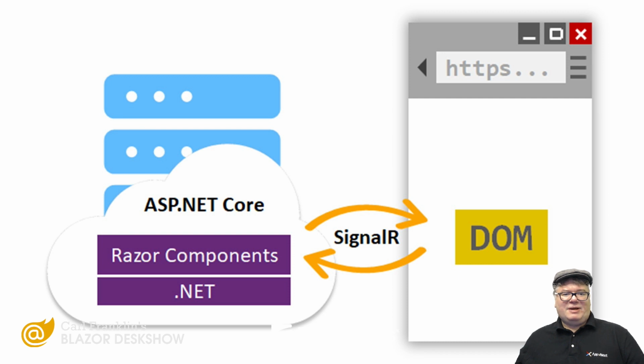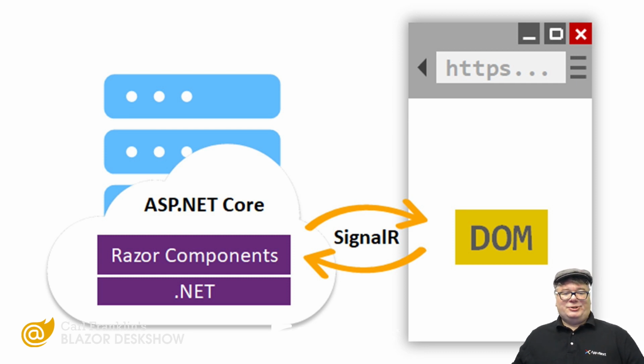When you make a Blazor Server application, you get a SignalR hub, and that SignalR hub maintains a persistent connection between the server and each client, okay? And it's a one-to-one communication, not a one-to-many, like many SignalR implementations are used.